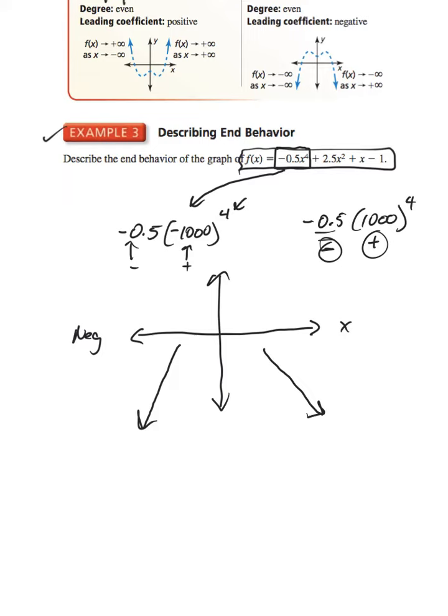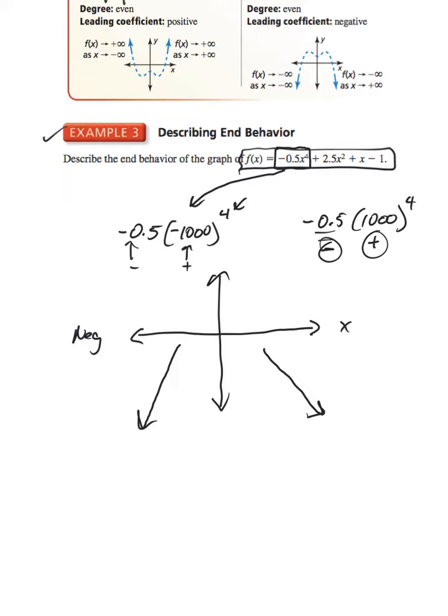And again, that just gives us one little idea of what's going on. We could also find the y-intercept and maybe find another piece of information to help us draw this graph. But in terms of end behavior, that's it. Again, let's review. The end behavior is going to be determined by the first term in the function.